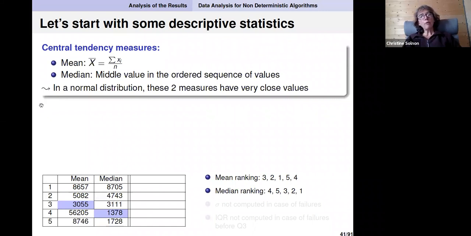So now, to have a better picture, I can try to compute, oh, sorry. What I was telling just before is that what I measure in case of failure is a lower bound of the actual measure. For the first three parameters, there is no failure, so I have the real measures, the real mean and the real median.